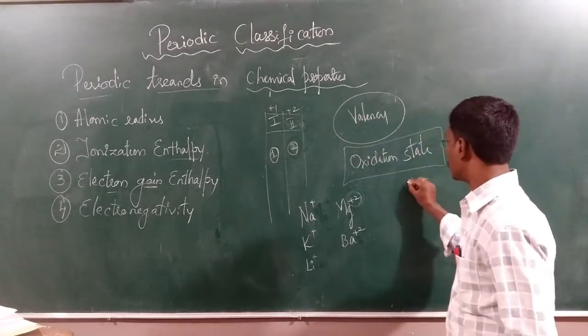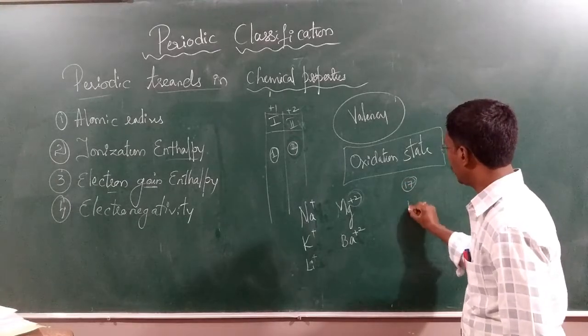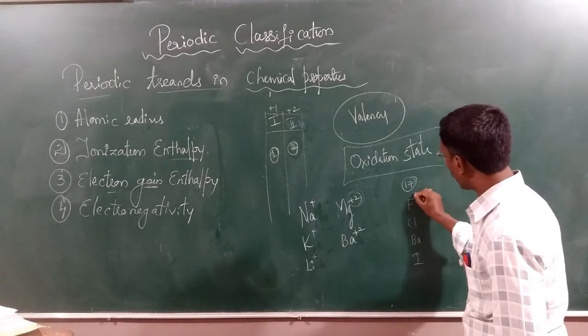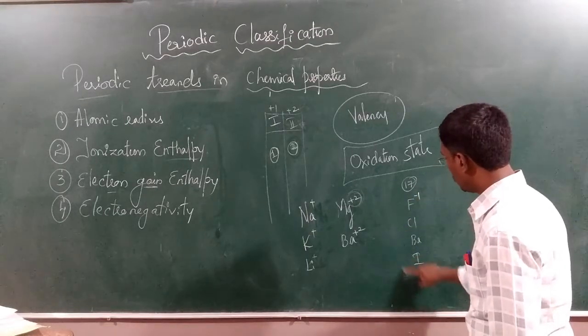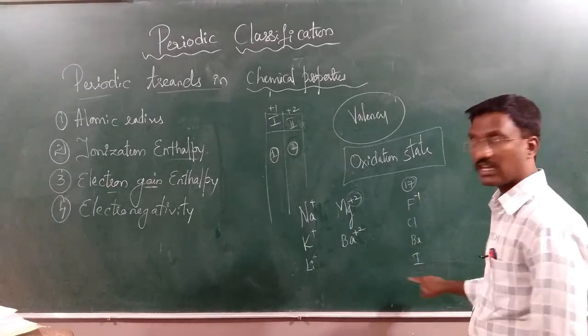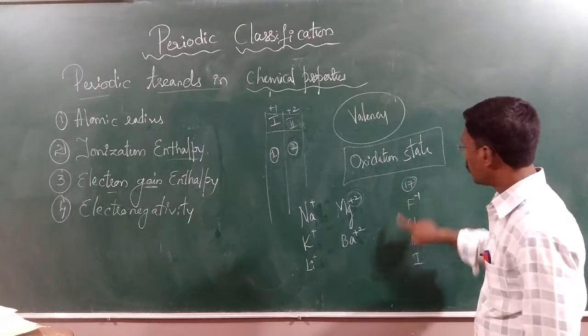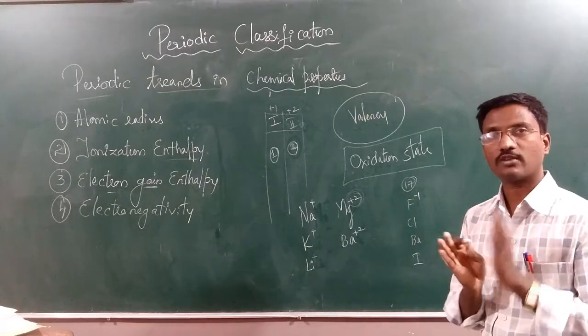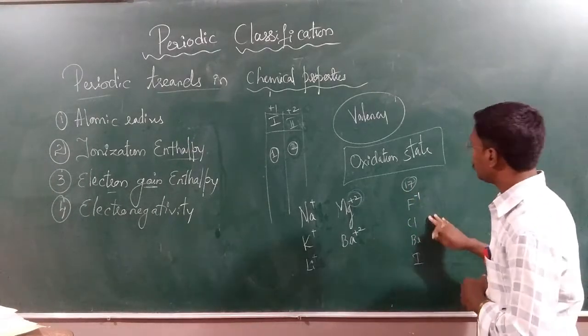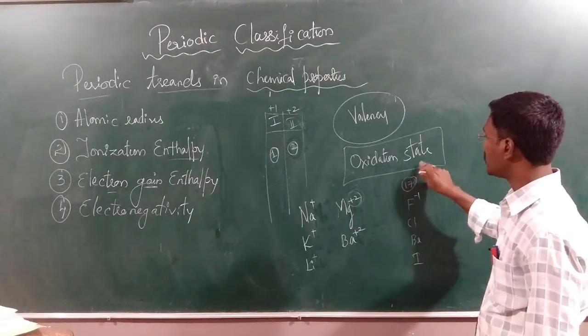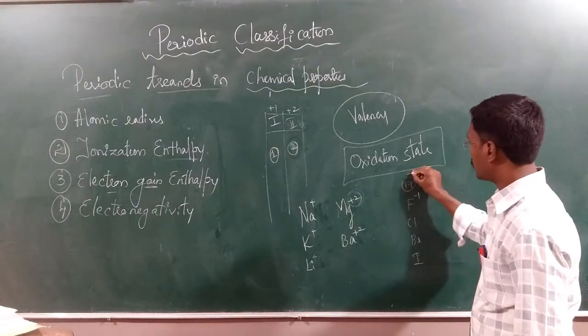All the halogens, the group 17 elements, fluorine, chlorine, bromine and iodine, are going to have the charge minus 1. It means all the group 17 elements are going to receive 1 electron. They need 1 electron to make the outermost shell exactly 8. For that reason, group 17 elements have the oxidation state minus 1.